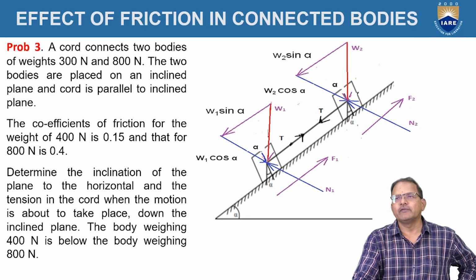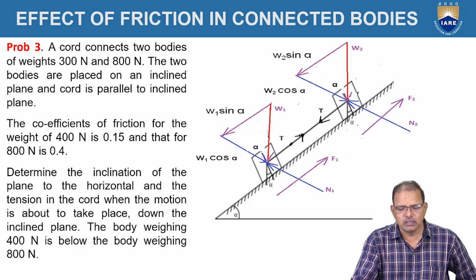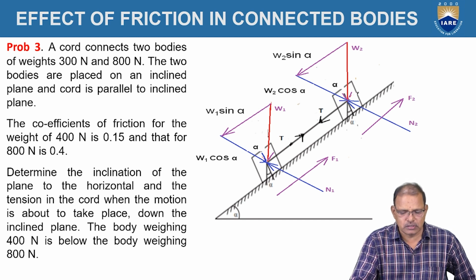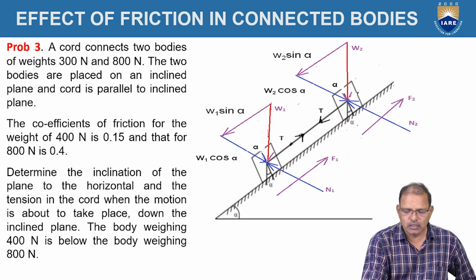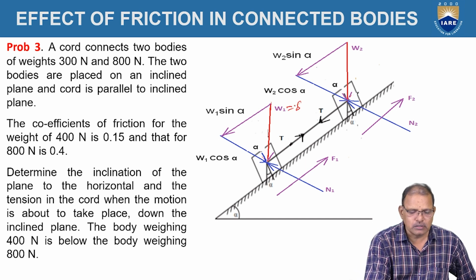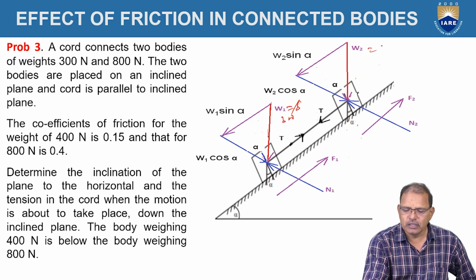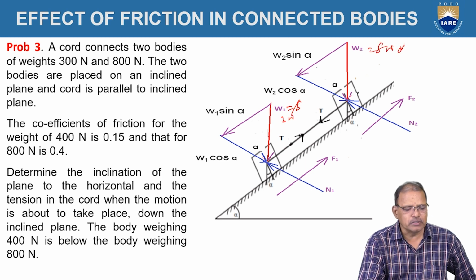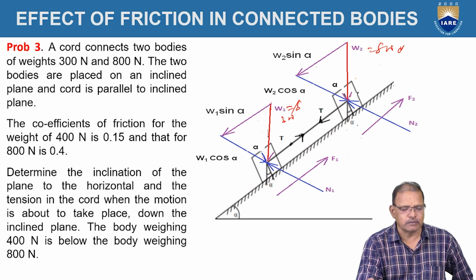Okay, effect of frictional forces in connected bodies. A cord connects two bodies of weights 400 newtons and 800 newtons. These two bodies are placed on an inclined plane and the cord is parallel to the inclined plane.